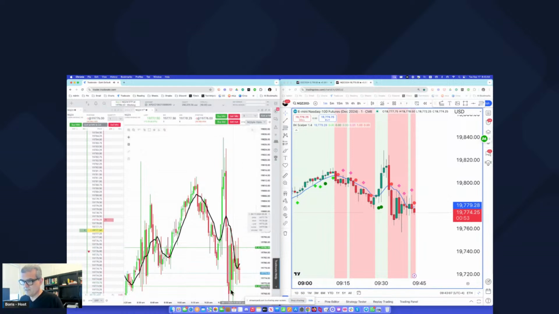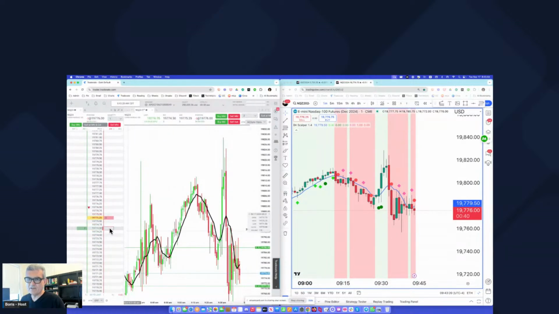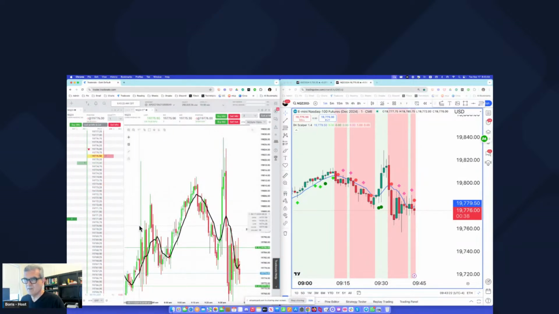All right, let's see, and we can watch this trade over here. So again, this is a lower high, and I'm trying to just make that single dot scalp. All right, and we're almost there. And there we go.